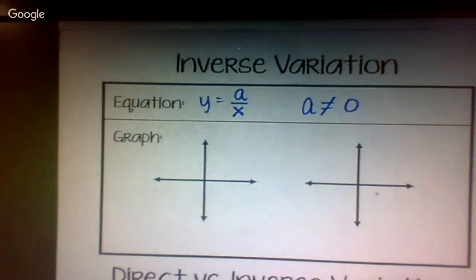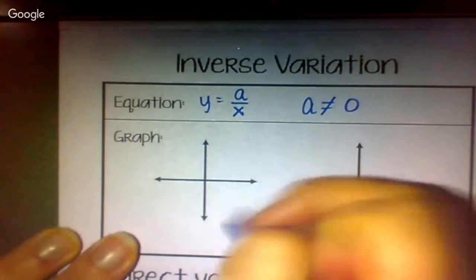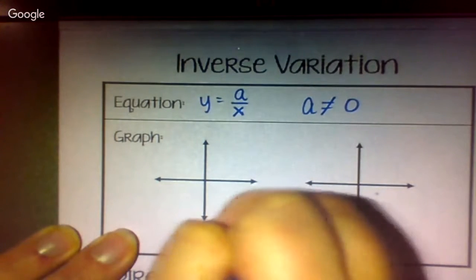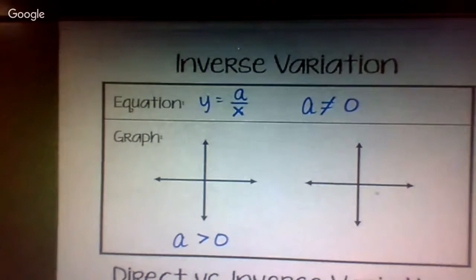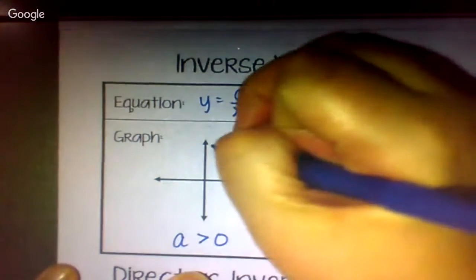Okay, so again, your graph's going to look like a hyperbola if you have an inverse variation. So let's say your a value is positive, which means it's greater than 0. Your graph's going to look like this.